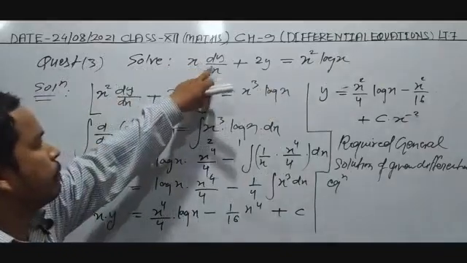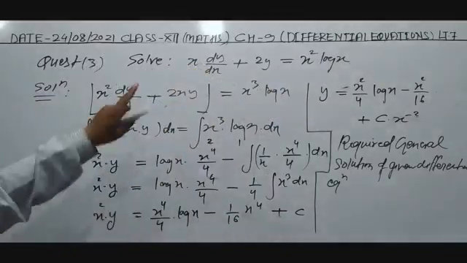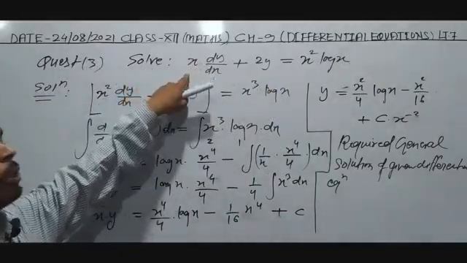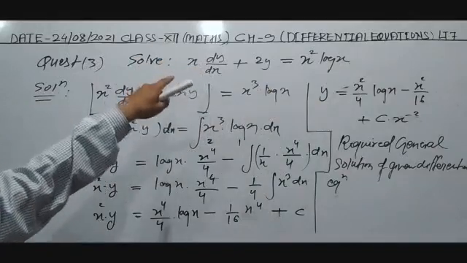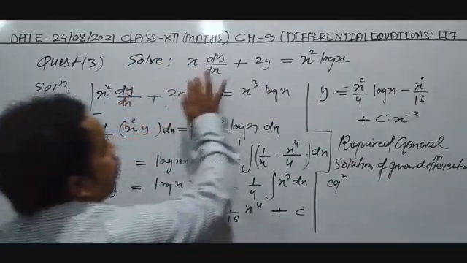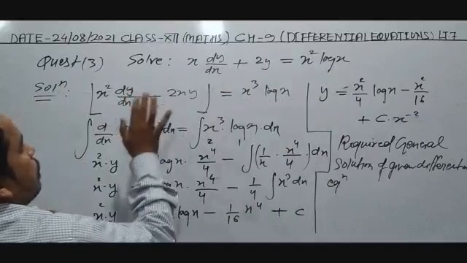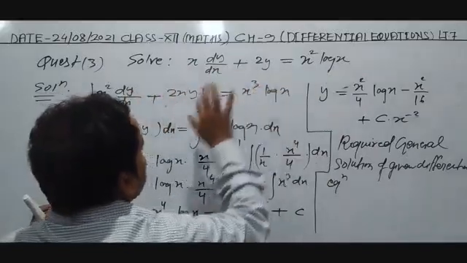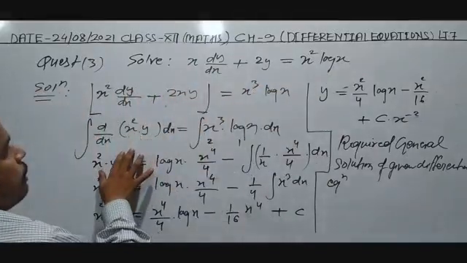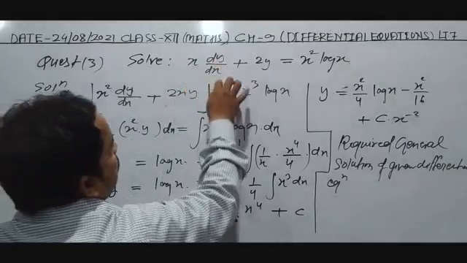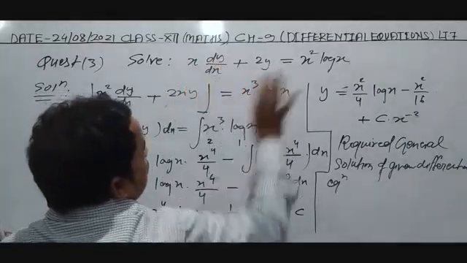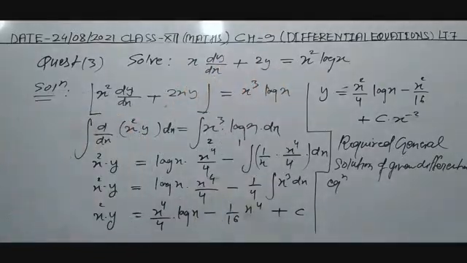This is a multiple of x with dy by dx, so we have to make the coefficient of dy by dx unity. So you will divide by x on both sides, and you will get dy by dx plus 2 times y by x is equal to x times log of x.